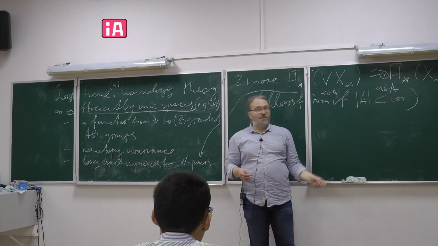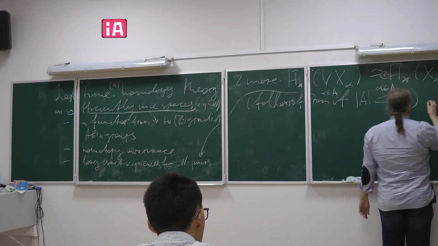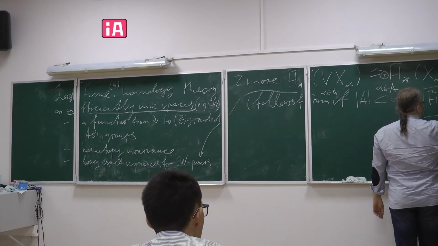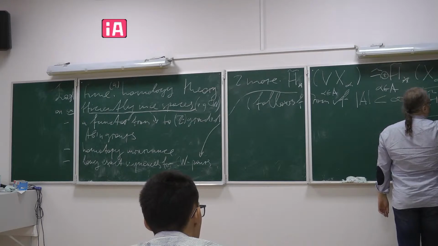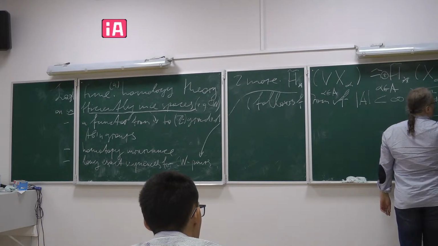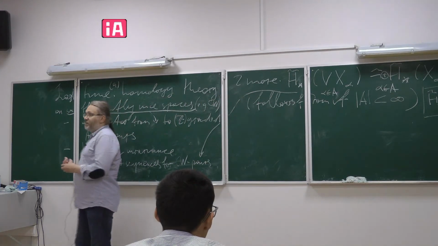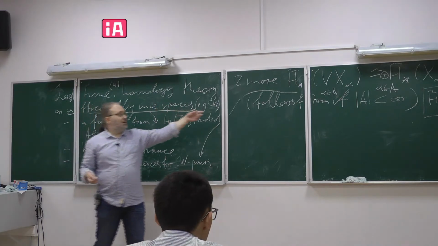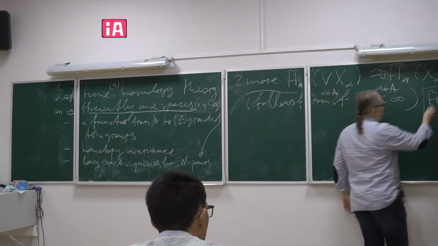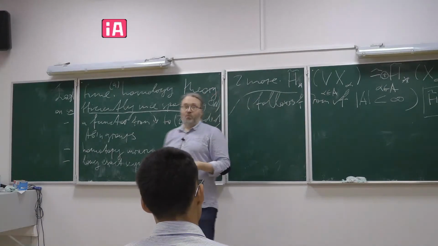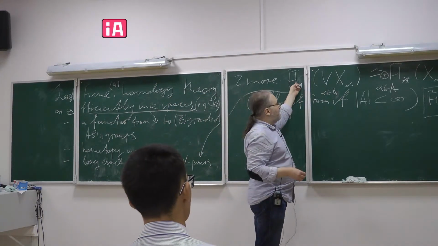What is H tilde? It's the kernel of the homology map induced by the unique map from a given space X to the one-point space. Well, what is H?